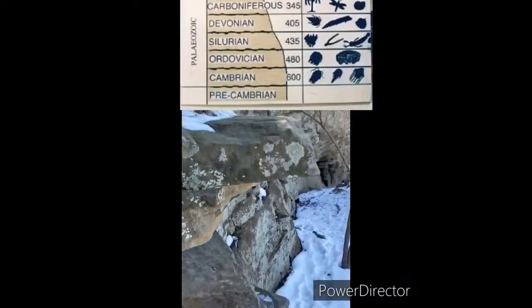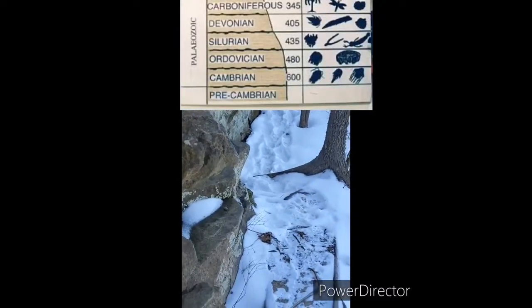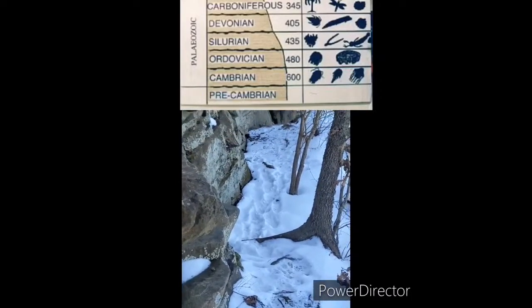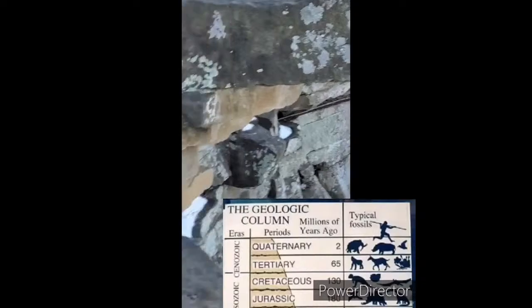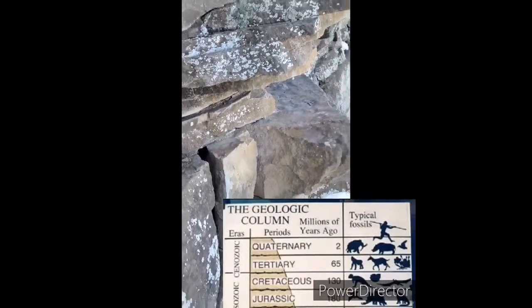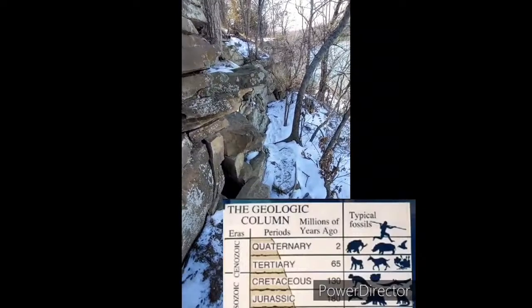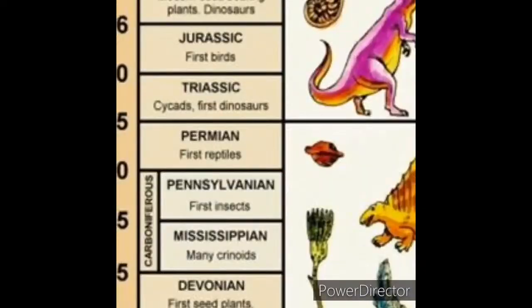They say that the lower that you go into the strata, the farther back in time that you are. And so, as I said earlier, on the geologic column, this strata would be around the Carboniferous era.